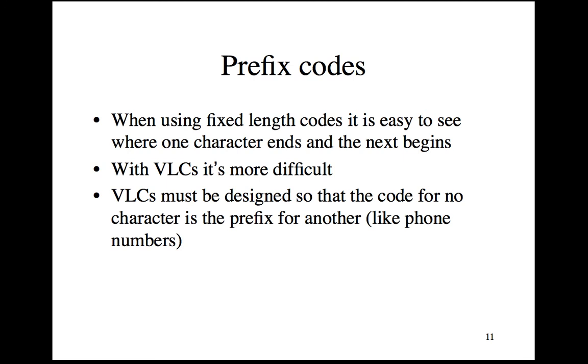When some things are only 3 bits, and some things are 4 bits, and some things are 14 bits, it can get a bit confusing. You have to know when one ends and one starts. So you must make sure that no bit sequence is a prefix of another sequence.